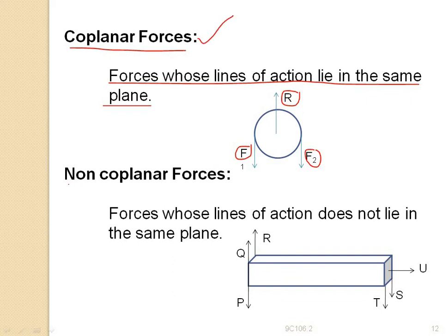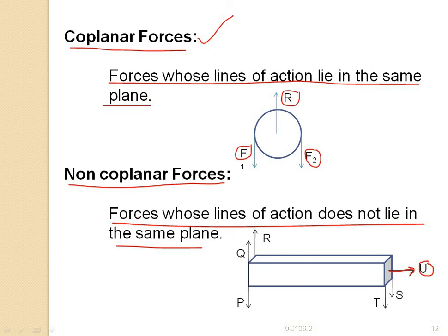Coming to the non-coplanar forces, these are forces whose lines of action do not lie in the same plane. For example, you can see a body in the diagram. One force extends outwards towards you, and two other forces, Q and R, act vertically upwards, while P, T, and S act in the downward direction.